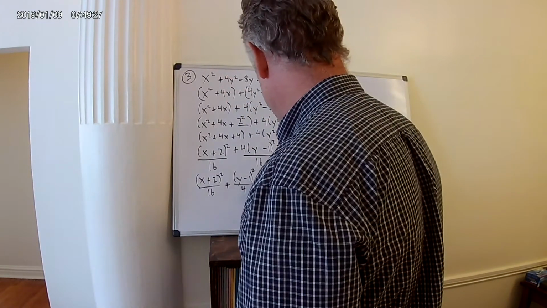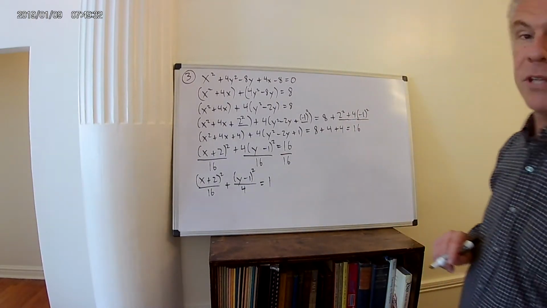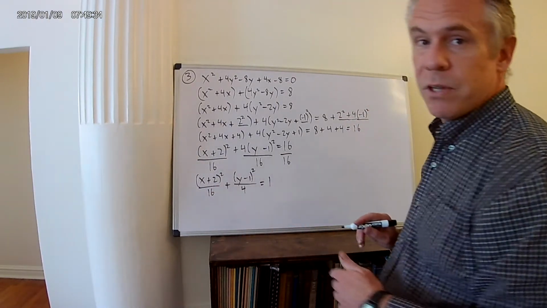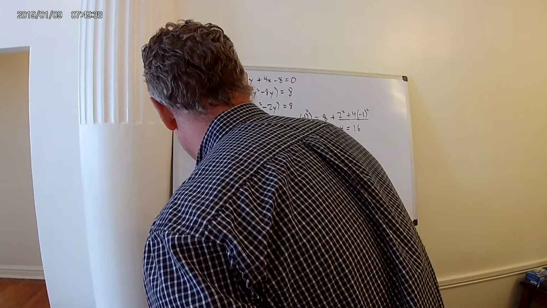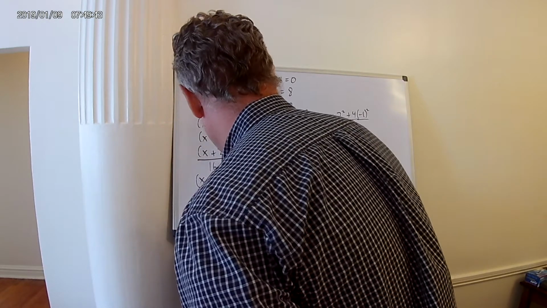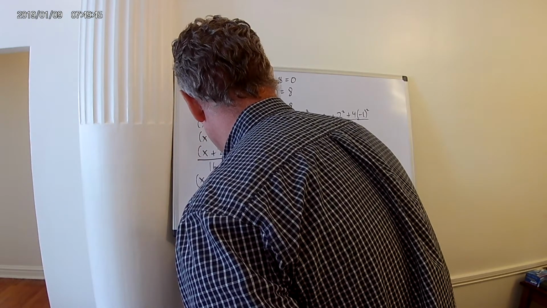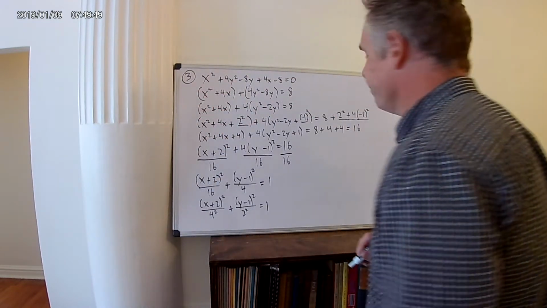And then 16 divided by 16 is 1. Okay. The final step is to write the denominators in terms of something squared. And if we do that, we get x plus 2 squared over 4 squared plus y minus 1 squared over 2 squared, since 4 can be written as 2 squared, and this all equals 1.